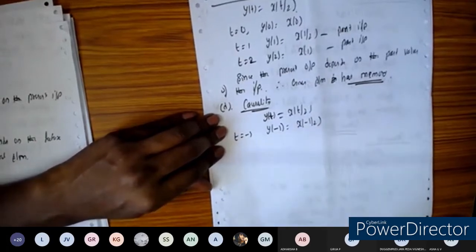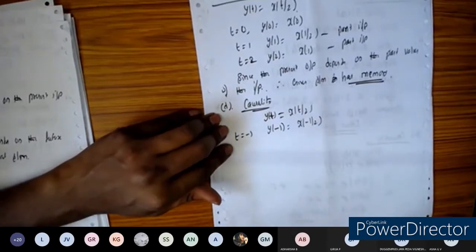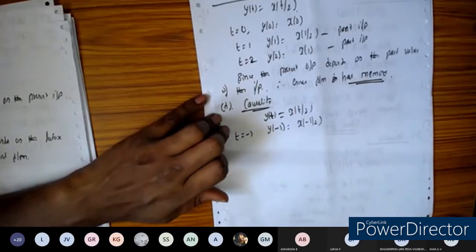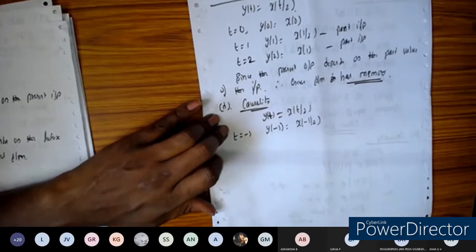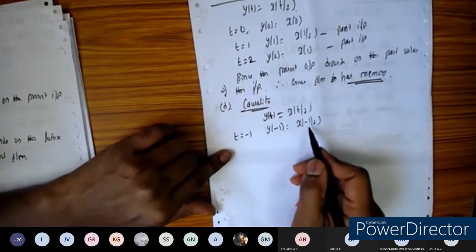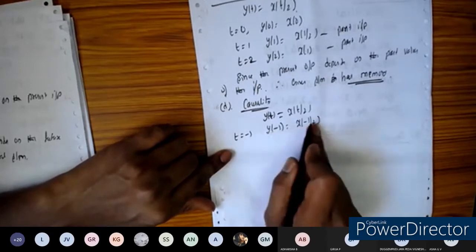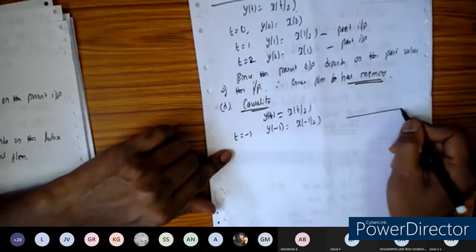So it depends on the future values of the input here. We can say it is a non-causal system. When I substitute t is equal to -1, it depends on x of -1 by 2. This is some future value we are going to consider, because in the negative time index we are going to come here.